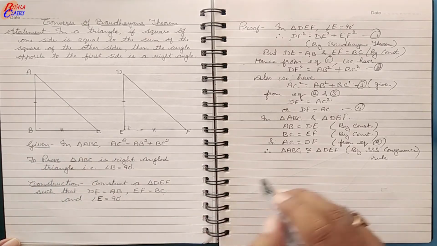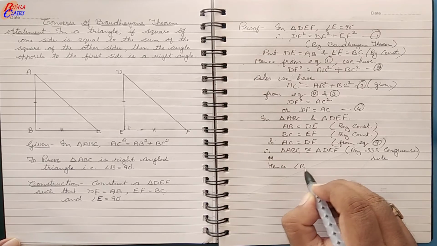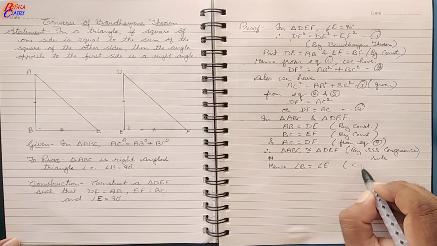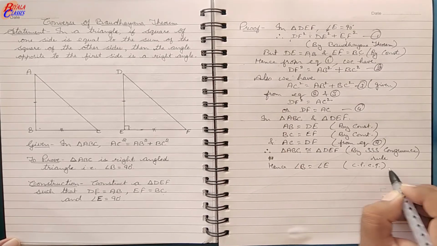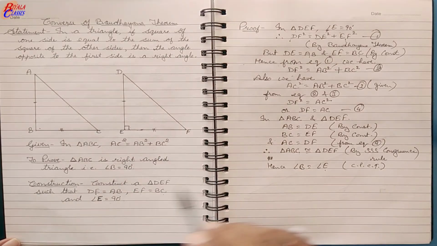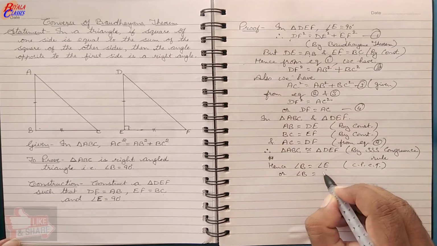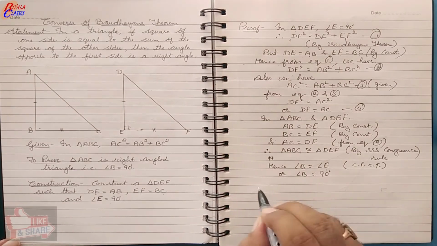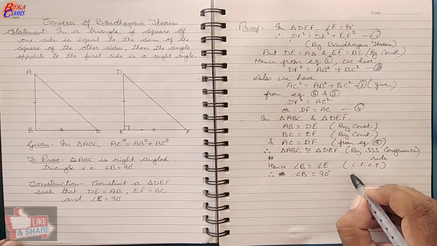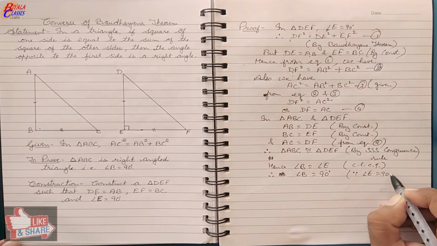So angle B will be equal to angle E, as these are corresponding parts of congruent triangles. But angle E is 90 degrees. Hence angle B is also 90 degrees. It is better you write there, therefore angle B equals 90 degrees, because angle E is 90 degrees.